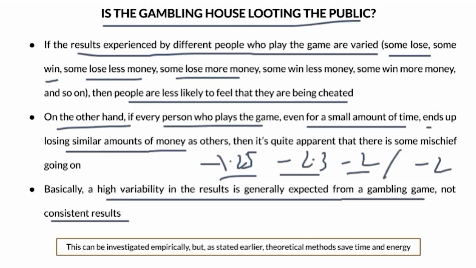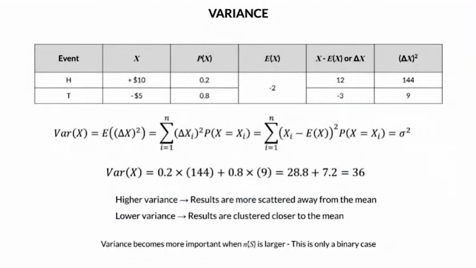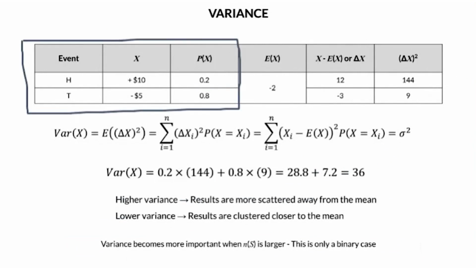Again, we can do this investigation empirically, but as stated earlier, theoretical methods save us time, right? So we'll directly use the theoretical distribution. And what is the theoretical distribution? This much. This is your theoretical distribution, correct? These probabilities were estimated by just throwing the coin an infinite number of times or a sufficient number of times.